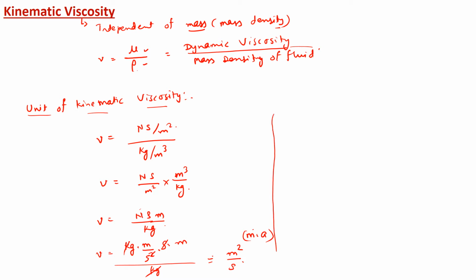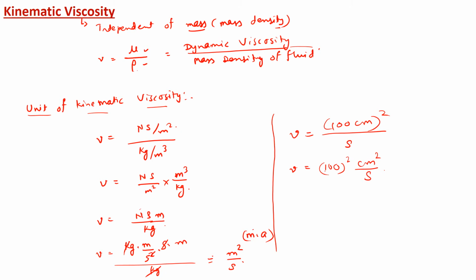Now, if we convert the kinematic viscosity into the CGS system, then we get 100 centimeter square per second, that means 100 square centimeter square per second.